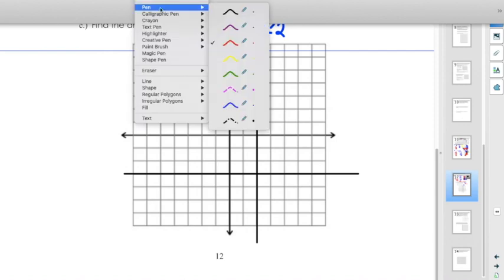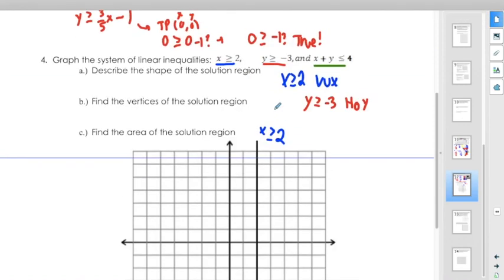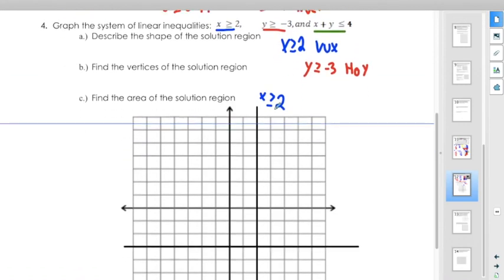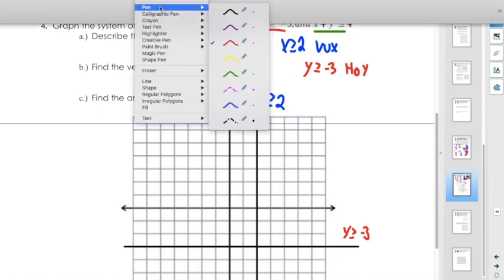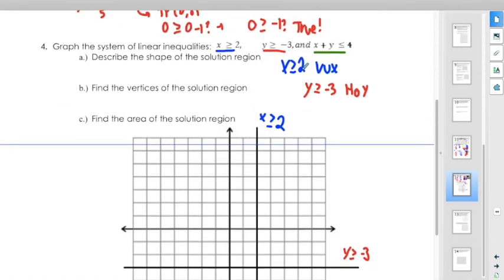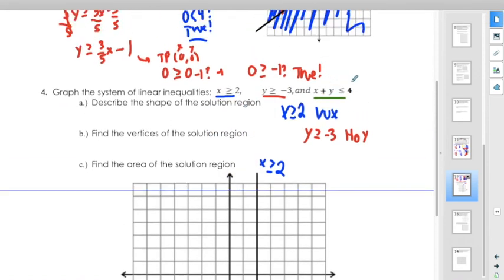Let's write y is greater than or equal to negative 3 here. And then the last one, x plus y is less than or equal to 4. Well, hopefully you see we can't graph this yet because it's not in y equals mx plus b form.